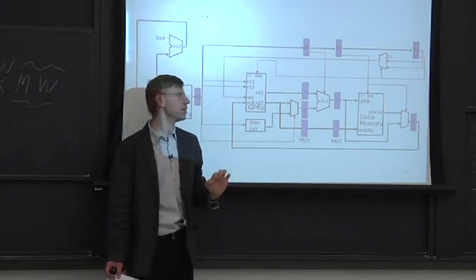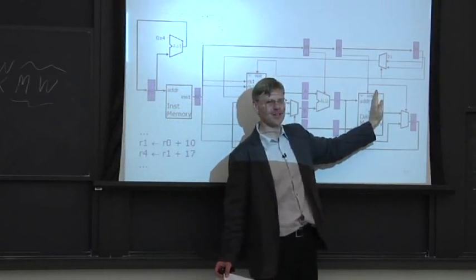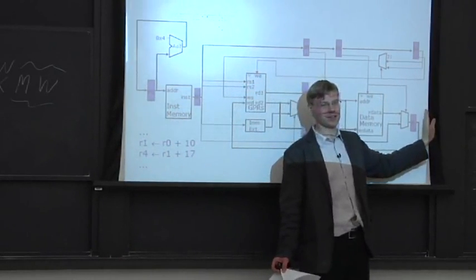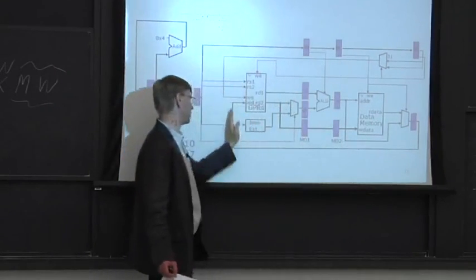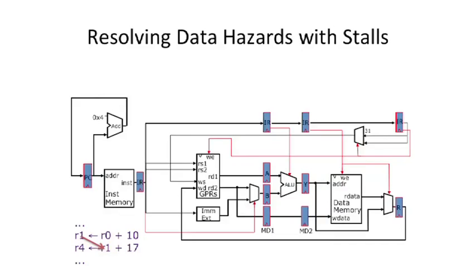Unfortunately, we're going to be waiting a while here because we don't write the register file here. We don't write the register file here. We write the register file here, through that wire. So we're going to stall multiple cycles here.